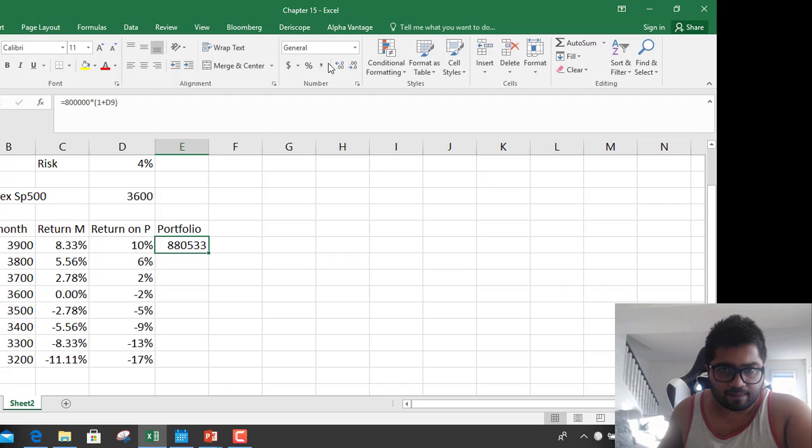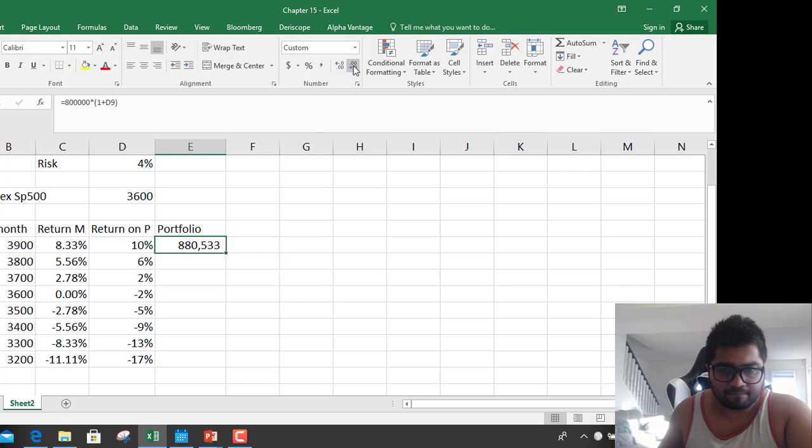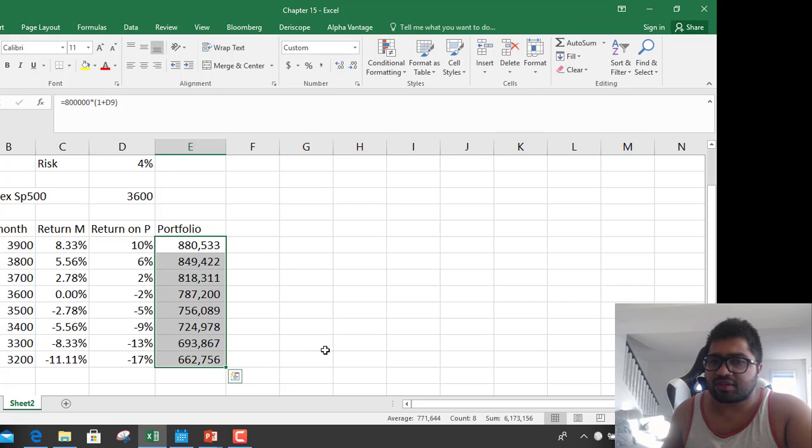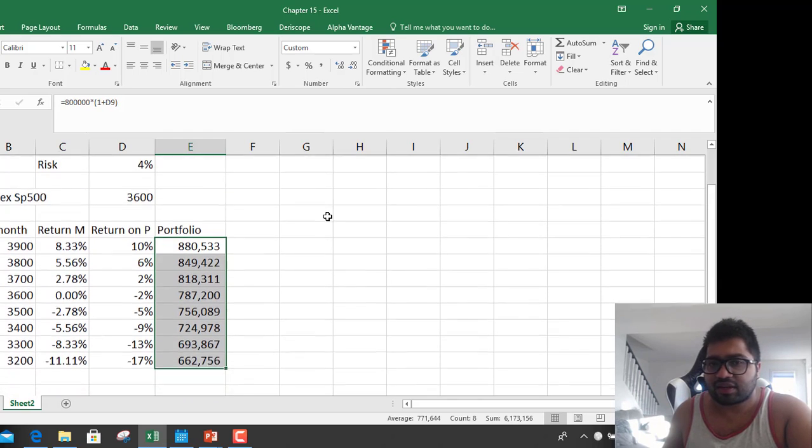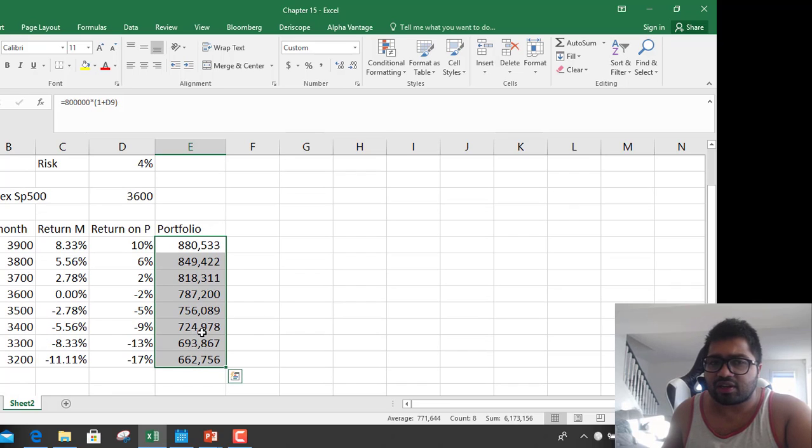Okay. Now which strike price do we want to choose? We want to choose a strike price so that we do not lose more than 700,000. So the closest value to that will be this one, 693.